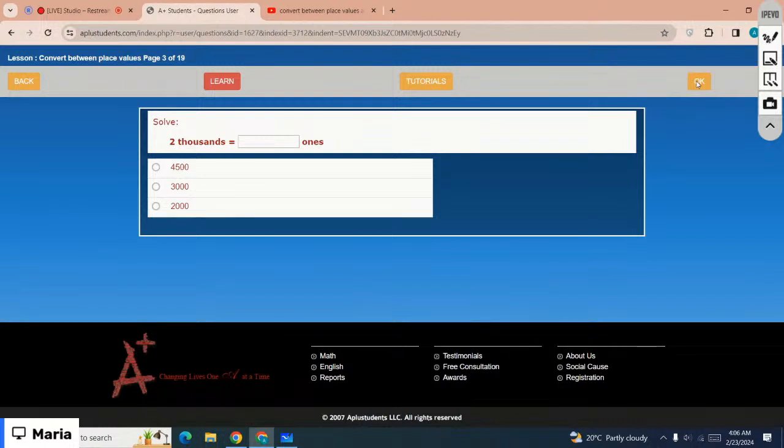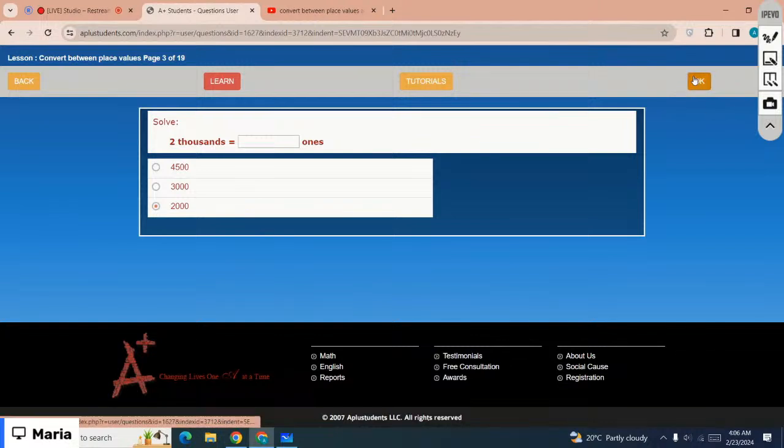2000 is equal how many ones? Which is the correct option? Very good. 2000s equal 2000 ones.